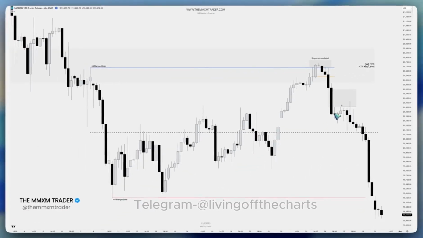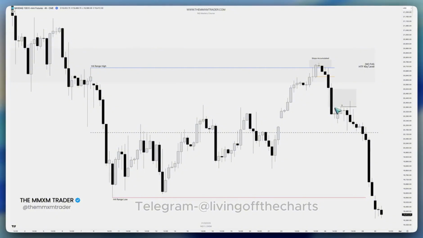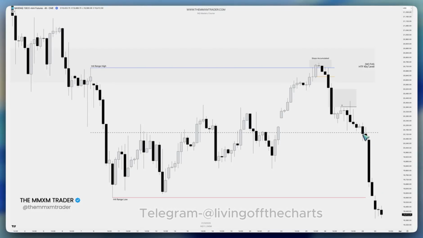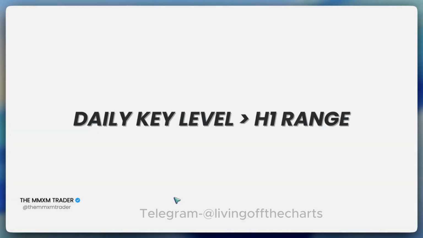We then form a displacement. Market trades back up into the fair value gap here, then sells off aggressively. Here closes below equilibrium, uses equilibrium as a reference point here, and then aggressively sells off to the range low as well as relative equal lows right here.